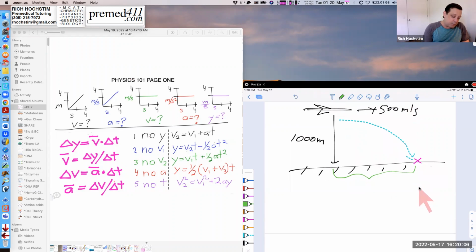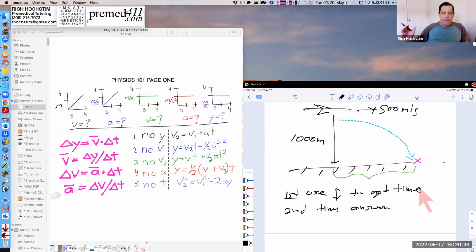So the way this works, and it works for almost all the problems, is first, you use the vertical component to get time. And once you do that, then you use time to get the answer. So let's go ahead and use these equations to see how we would do it.